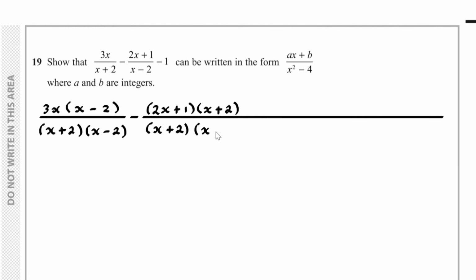And if I've got this x minus 2, then we would have 2x plus 1 over x minus 2. And then we are subtracting 1, and 1 is the same as x plus 2 times x minus 2.